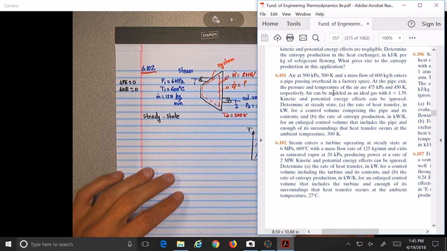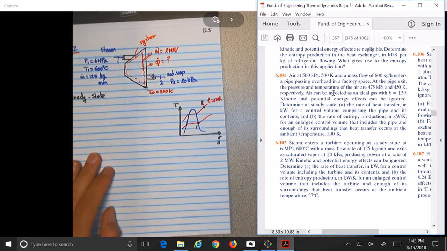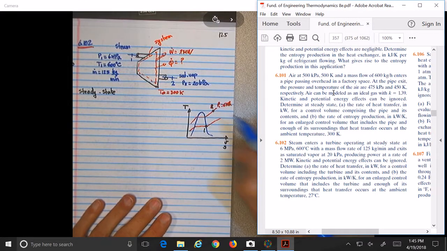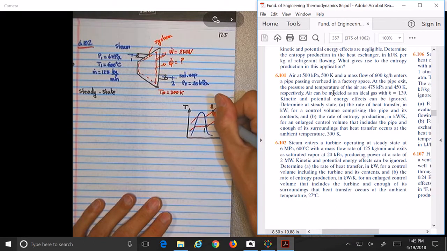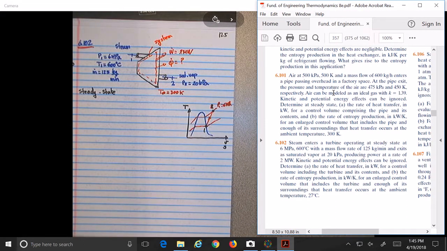And now, this goes to what state? Saturated, which will be over here. This will be the process, no?